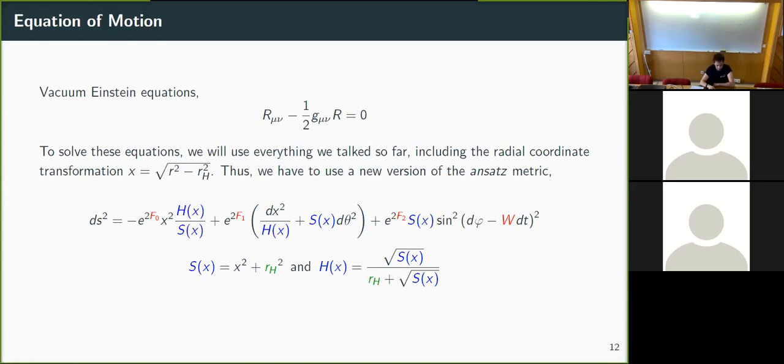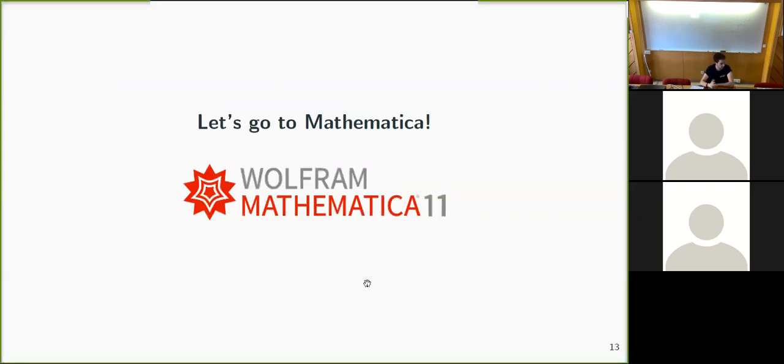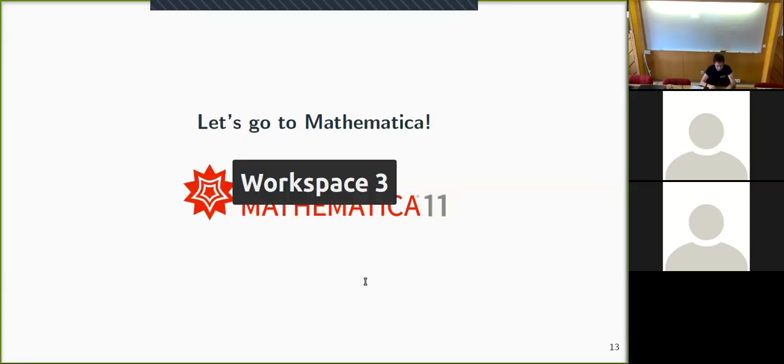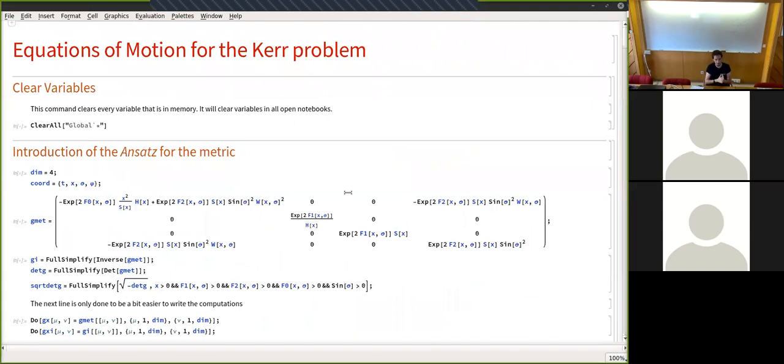So now that we have all of this, you can go to Mathematica and use it to obtain everything that you want. Here I have the first notebook, which is the equations of motion Kerr. We start with the first lines, which are just to clean all the variables that can also be used by other notebooks.